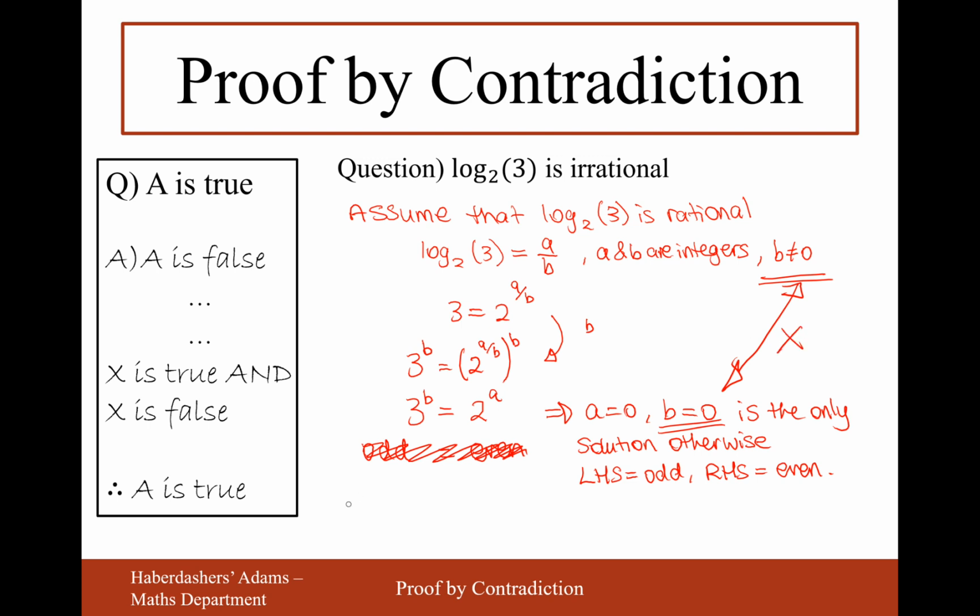So this is a contradiction. It's always good, I don't know if I've done it yet, but I can't remember, to always get the word contradiction into your conclusion. This is a contradiction that b is 0 and b is not 0.